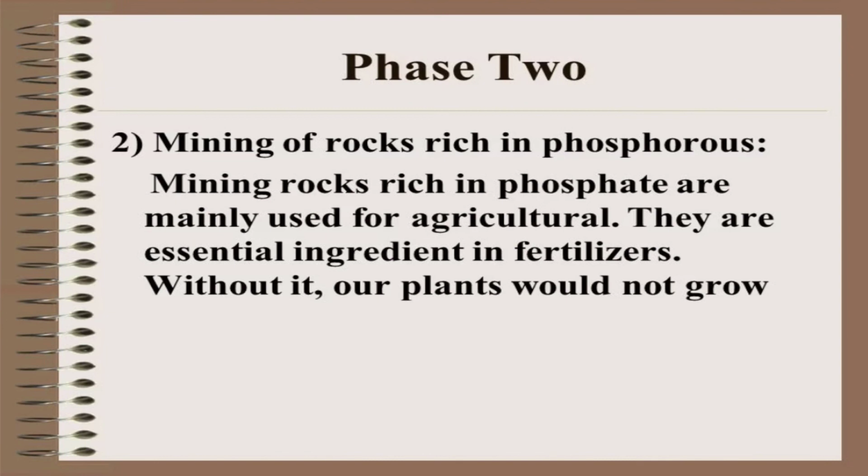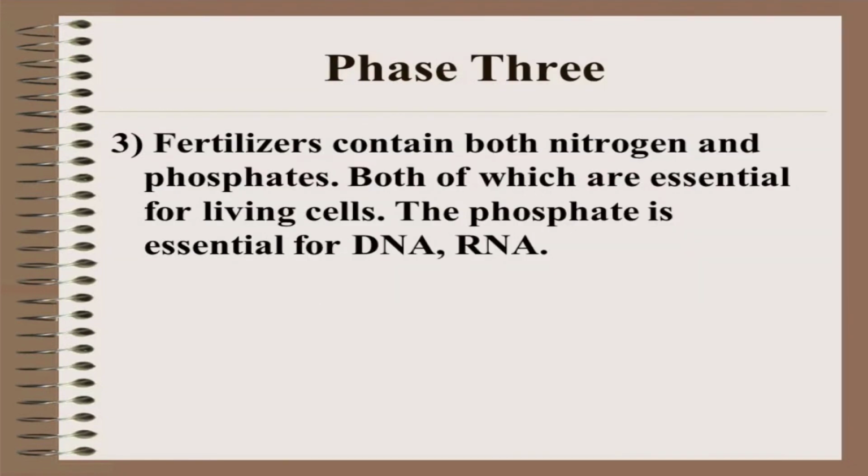Since there is gradual removal of phosphorus from the lands to the oceans, the amount of terrestrial phosphorus is gradually decreasing, whereas the demand for phosphorus by plants is increasing.